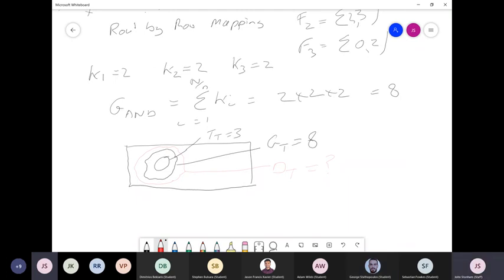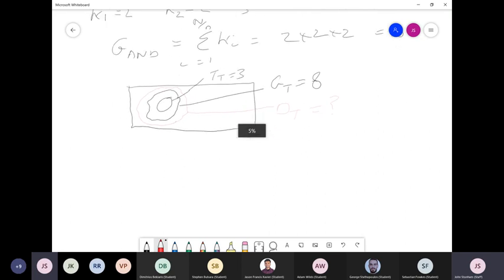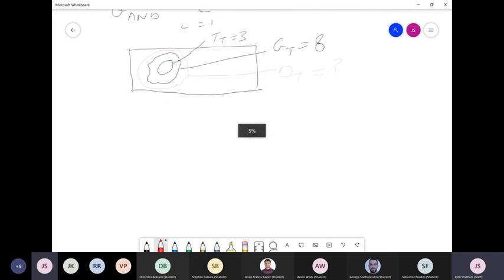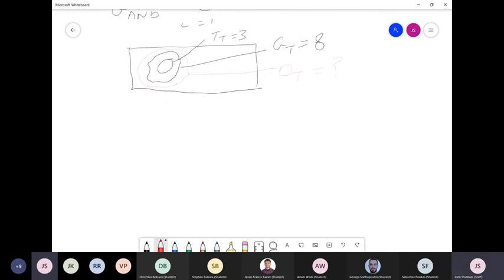Right. Let's go to the other extreme with the same training set. And this is OR generalization. Why is it called OR generalization?